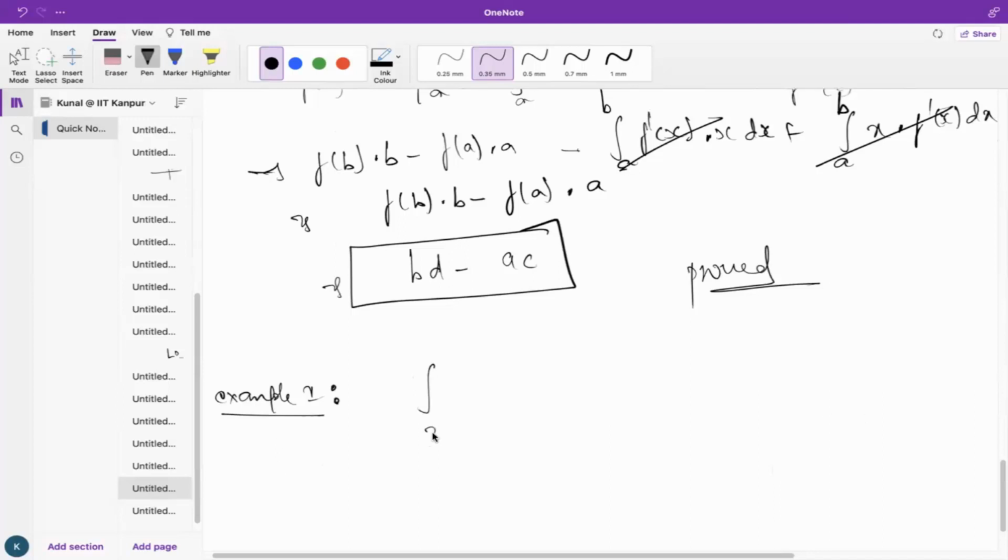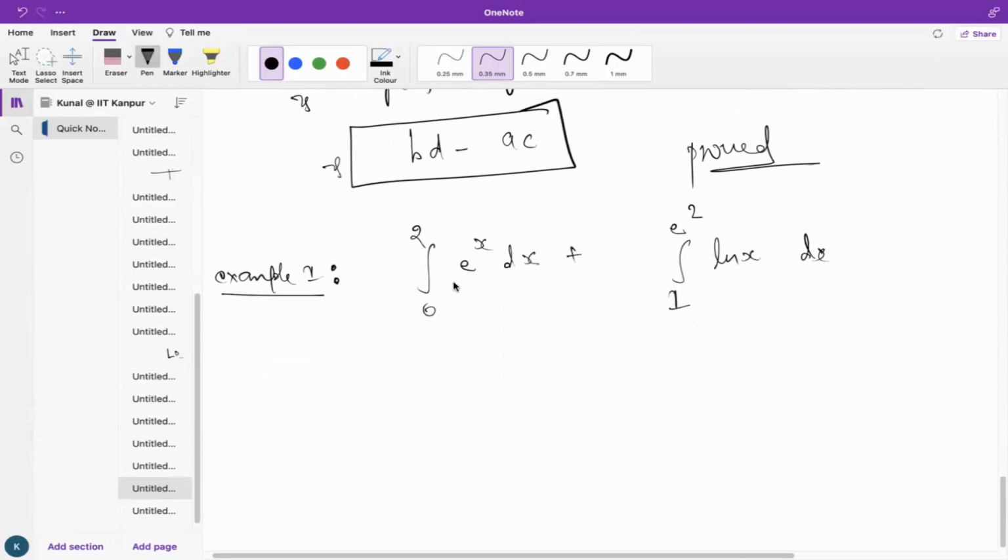Our example looks like the integral from 0 to 2 of e to the power x dx plus the integral from 1 to e square of ln x dx. So we know that e to the power x and ln x are inverse functions of each other. How can we say that?